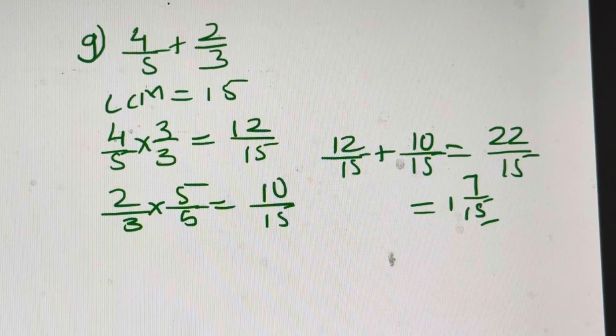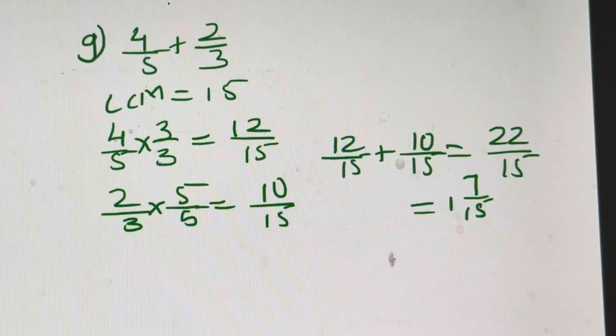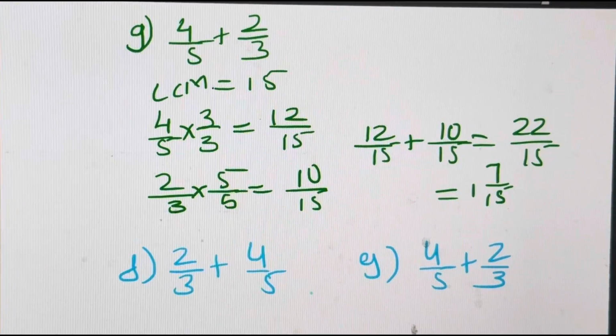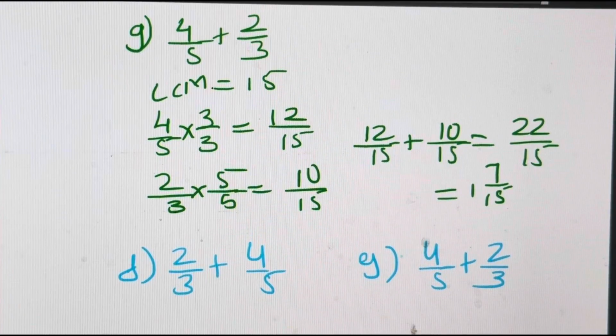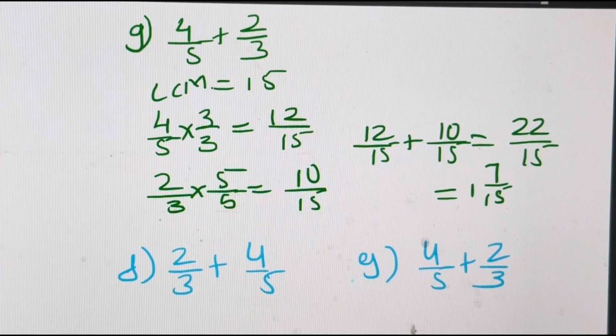Now we just saw the previous sum, same answer. If you remember, question number F. Now what is the similarity? Why did we get the same answer? If we compare the two fractions in both the sums F and G, the answer is the same. Because 2 upon 3 plus 4 upon 5, here it is 4 upon 5 plus 2 upon 3. The fractions are the same. So you add them in any order, the answer remains the same.